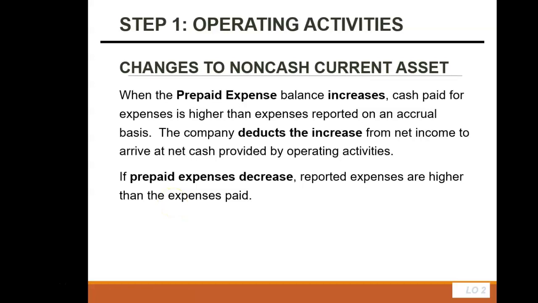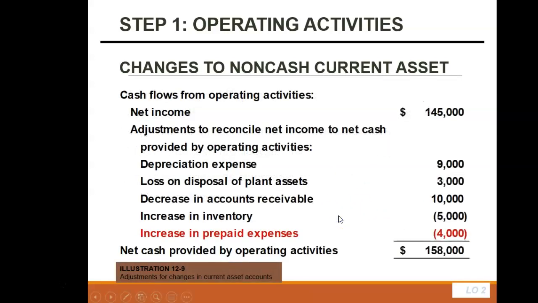Whenever you have an increase in any non-cash current asset, deduct that from the accrual-based net income to get your cash-based net income. Whenever you have a decrease in any prepaid expenses, you're going to add the decrease to your accrual-based net income to determine your cash-based net income.